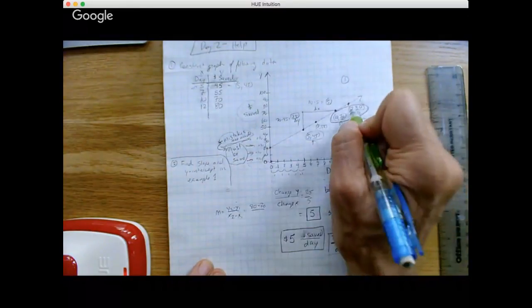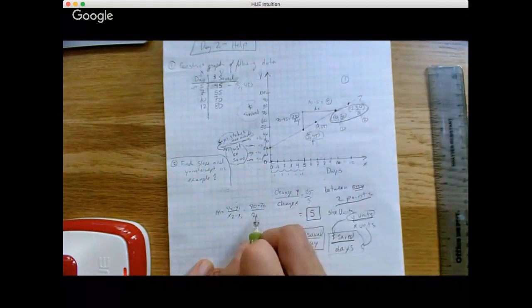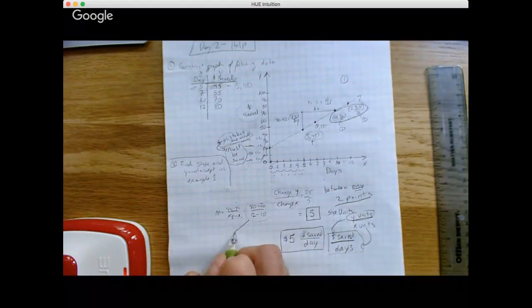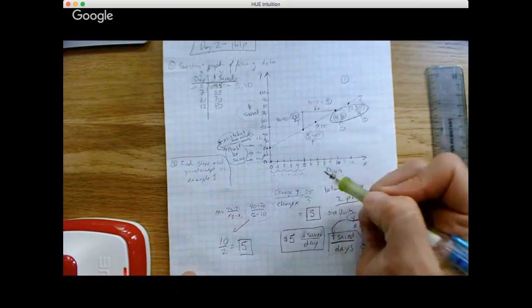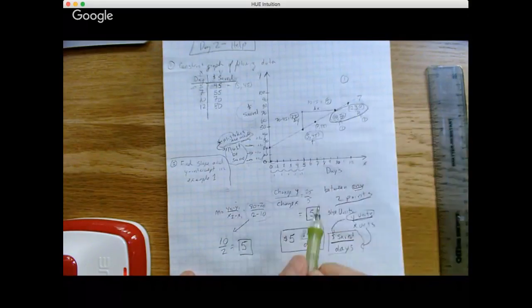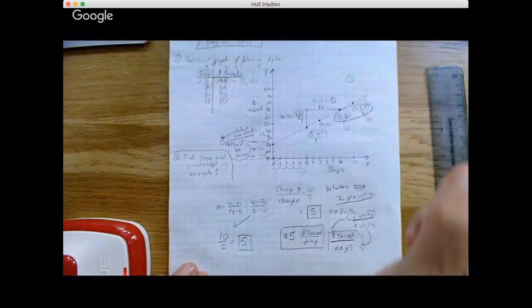Our x2 is 12, and our x1 is 10. So that's equal to 10 over 2, which is also equal to 5. That's cool. You can use any 2 points on a straight line and you'll always get the same slope. In this case, the slope of this line is 5.